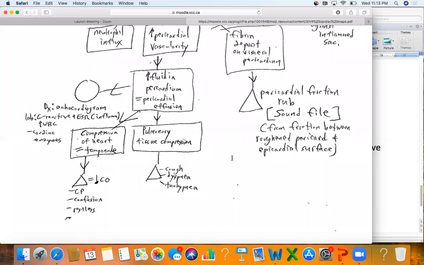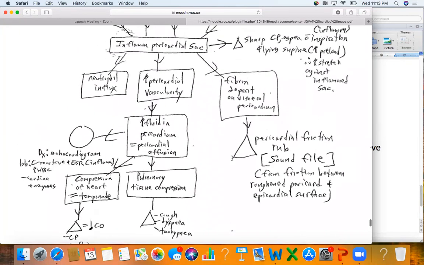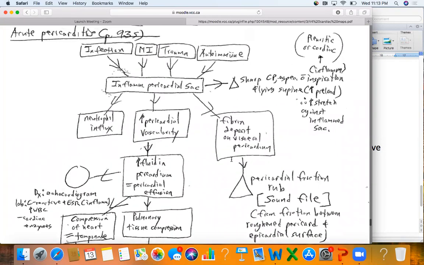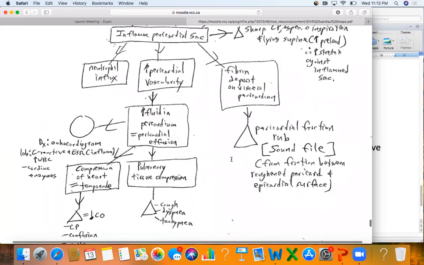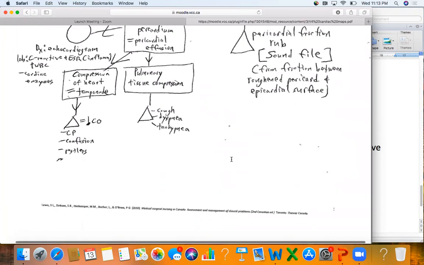Not sure why it's not here, but they may need to draw some fluid out of the heart. Oh, sorry, here it is. I'll get to that in a second. Some symptoms: you might have some pulmonary tissue compression as that part of the heart is inflamed and pressing against the pulmonary area. This goes hand in hand with what we said above.